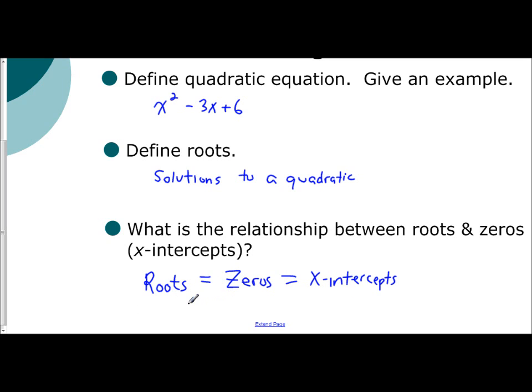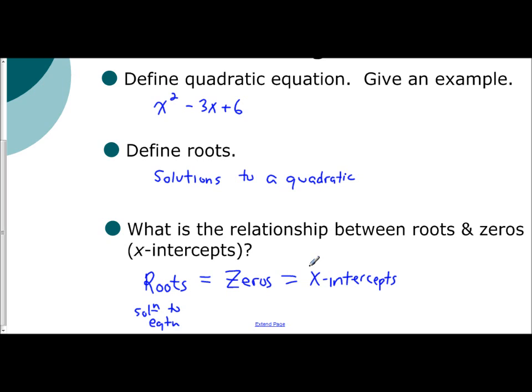So they're all the same thing. If I want the solution to the equation, I'm asking for the roots, which are the zeros, which are the x-intercepts. So it's really solution to a quadratic, roots, zeros, and x-intercepts are four separate terms and have the same meaning. We just use them in different contexts.